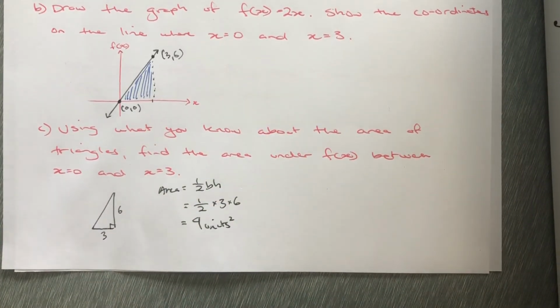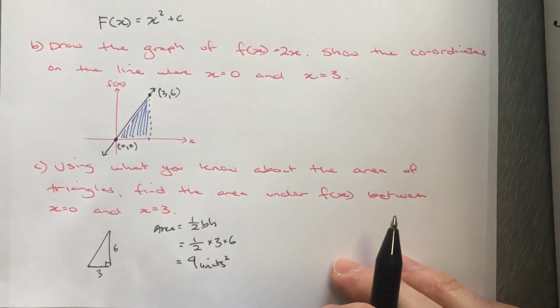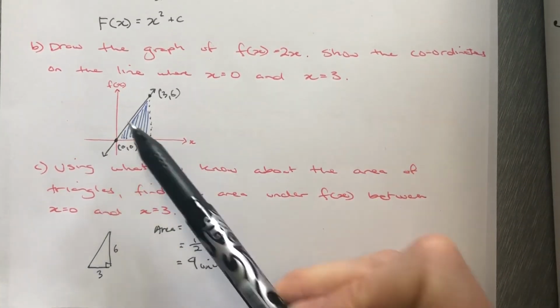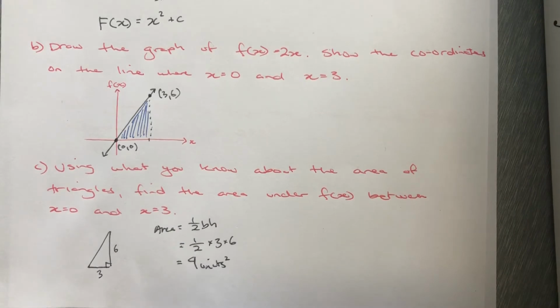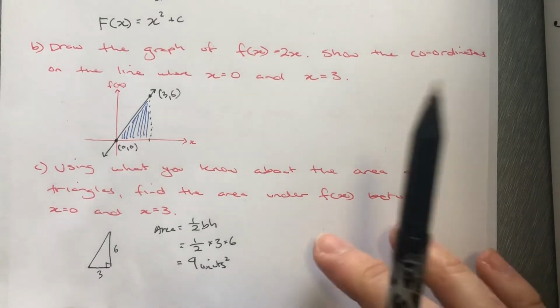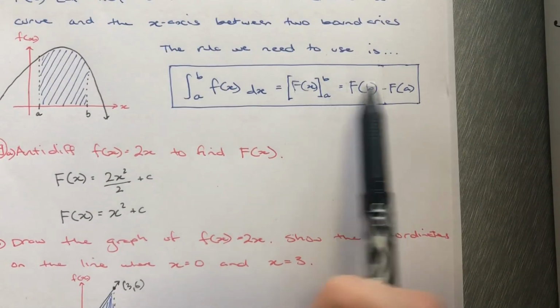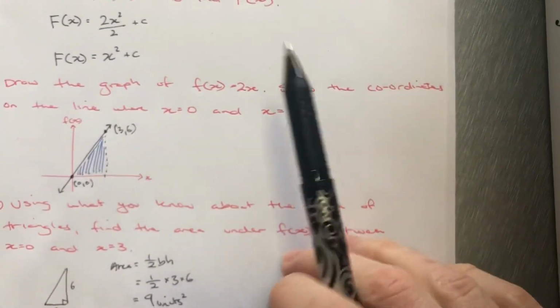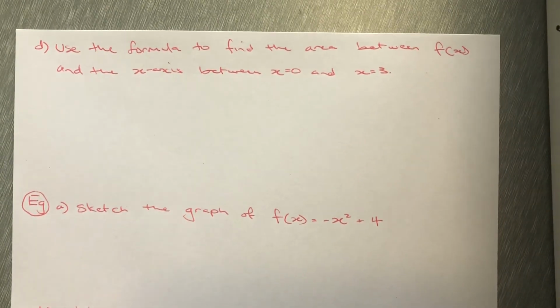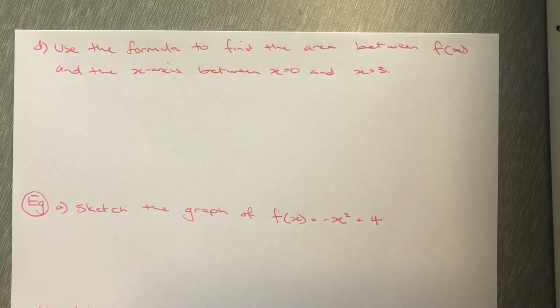Cool. What we're going to do now, when we move over to D, we know the area of this because we know how to find the area of triangles, but we're going to prove it using this rule here. Okay, so let me move over to D. Use the formula to find the area between f of x and the x-axis between x is 0 and x is 3. Cool, so just what I said before.